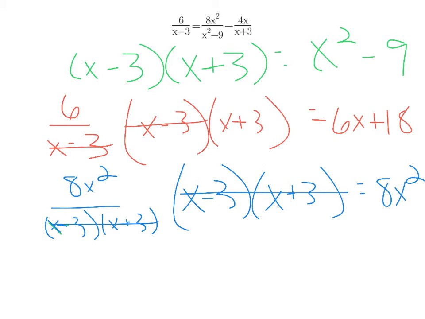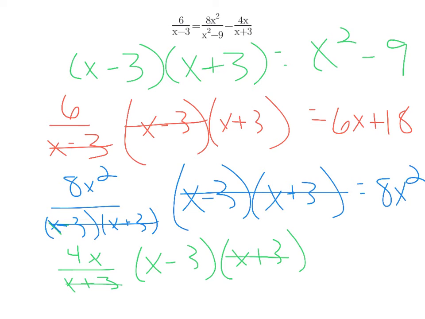And finally, when I multiply 4x over x plus 3 by the quantity of x minus 3 times x plus 3, the x plus 3's cancel out. I'm left with 4x times the quantity of x minus 3, or 4x squared minus 12x.